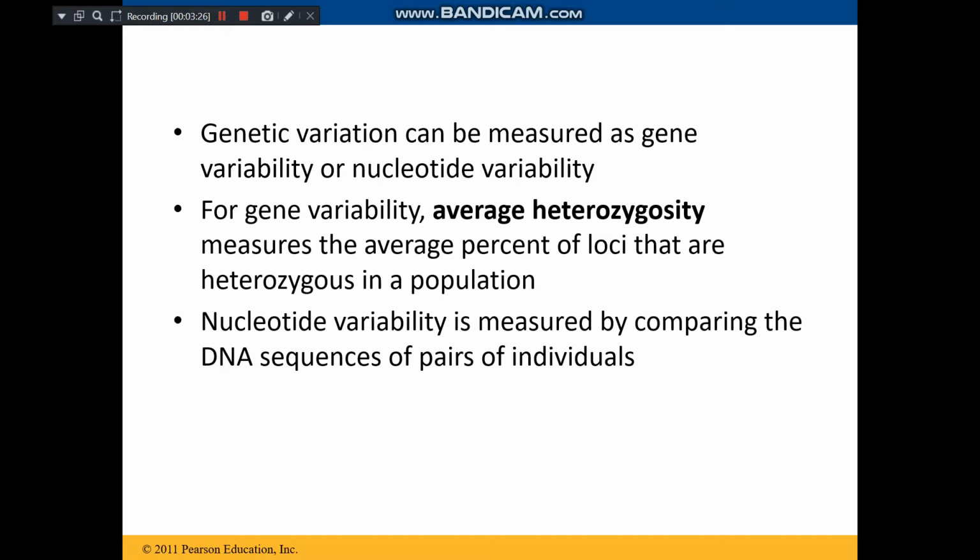What is the average percent of loci in any heterozygous population? Very rarely we see a homozygous population. Generally, mostly it is the heterozygous population. And what percentage of loci shows the gene variability in a heterozygous population?